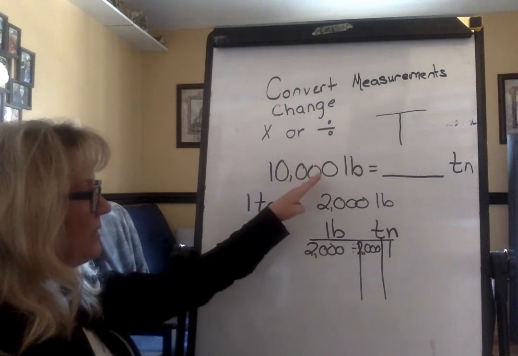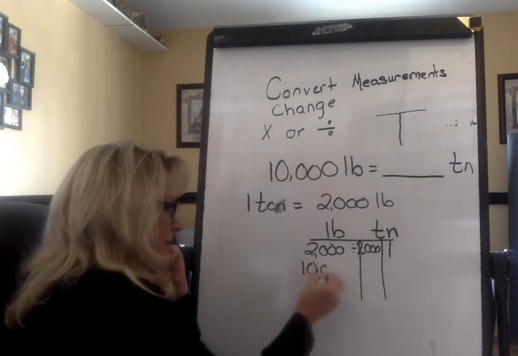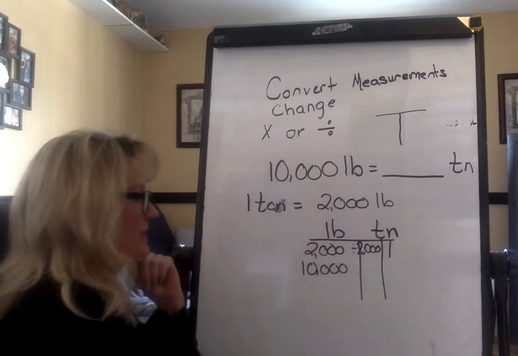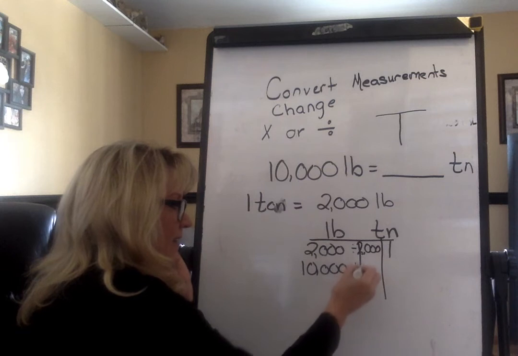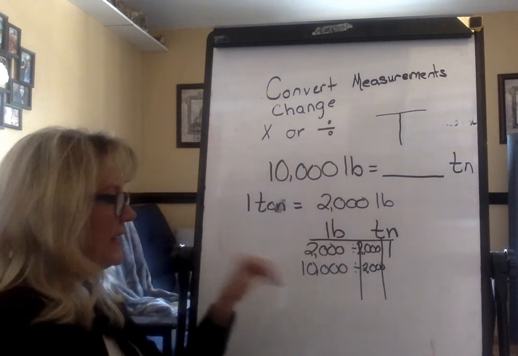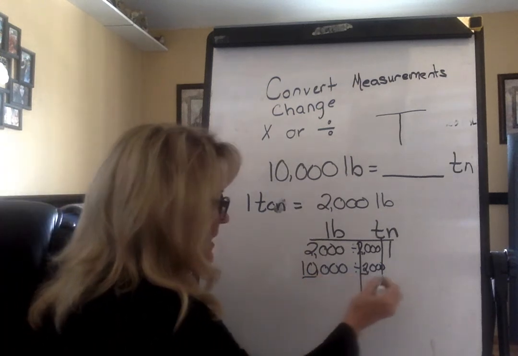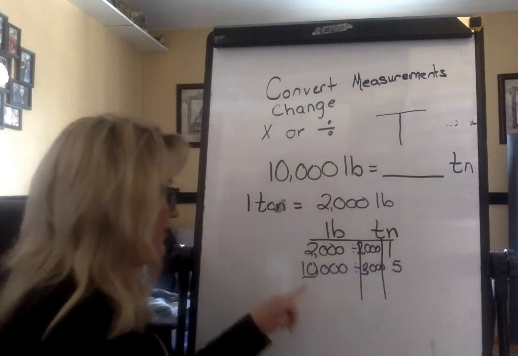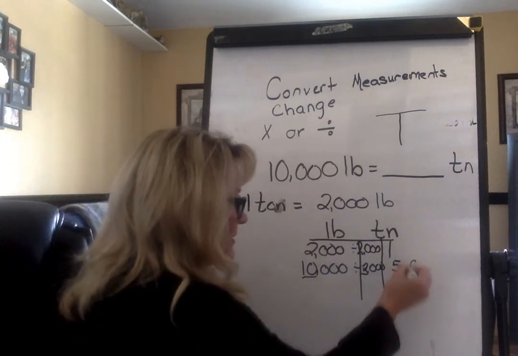Now I'm ready to put in what I know. I'm given 10,000 pounds. I want to know how many tons it is. I divide by 2,000. Now I could work this out, but let me tell you what I know. I know that 10 divided by 2 is 5. Okay, you're free to work it out. And I need my 3 zeros.